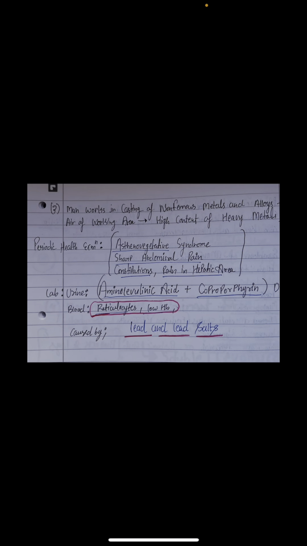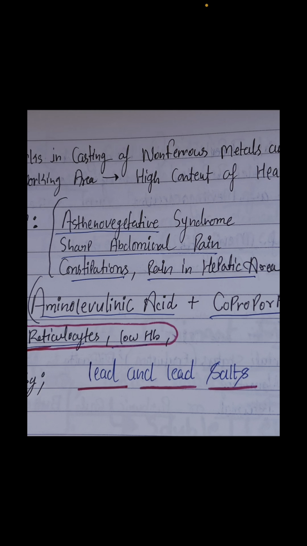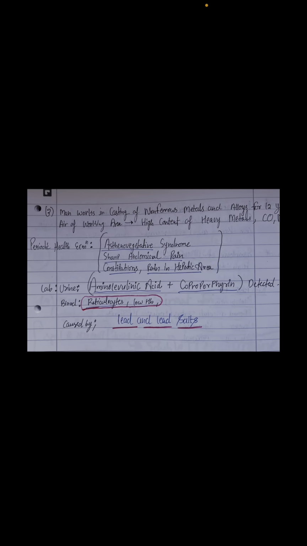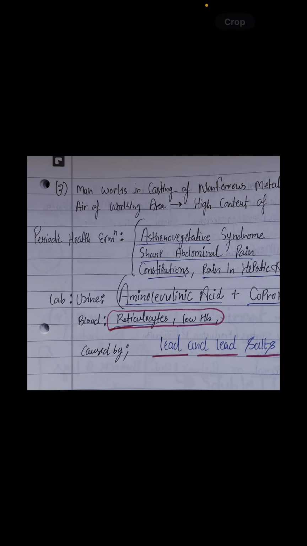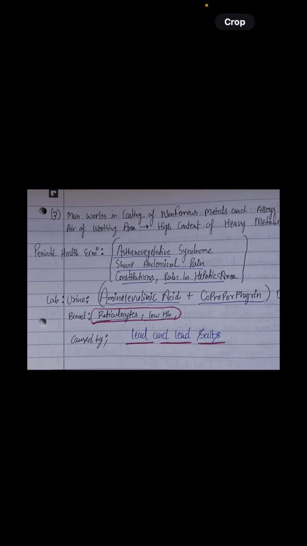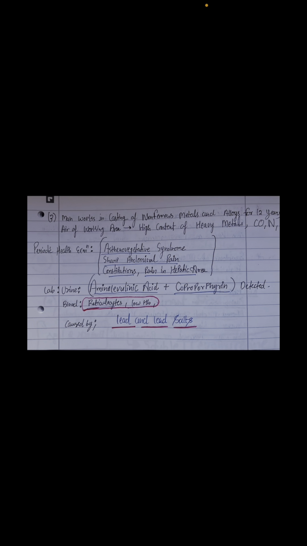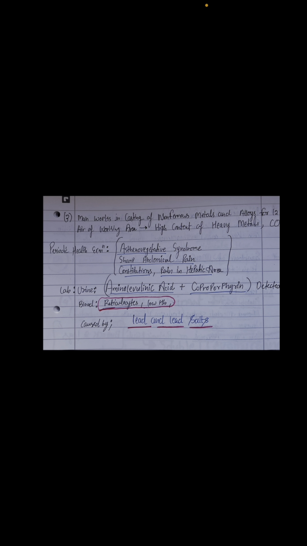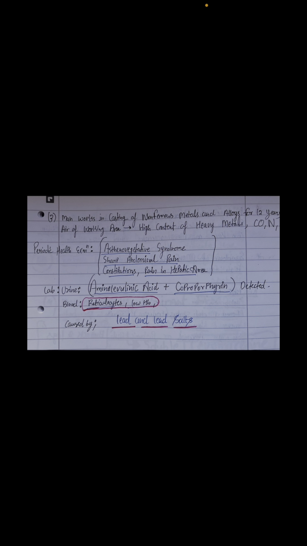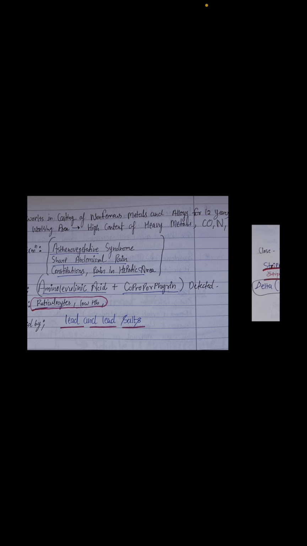Astheno-vegetative is simply a flu-type picture. Sharp abdominal pain, we see the GI symptoms here. In the blood, the main point is reticulocytes and low hemoglobin. Low hemoglobin is, we know, a symptom of lead poisoning. So we know what to mark here: lead and lead salts.